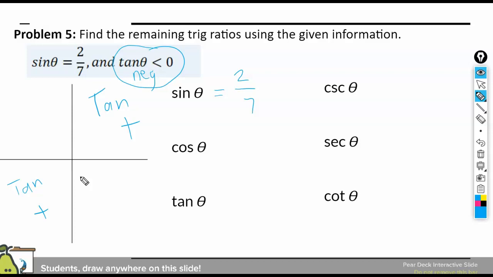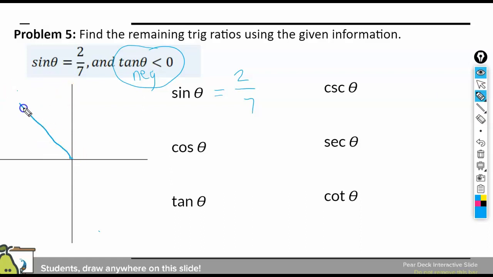Sine is always positive in the first and second quadrants, and sine is negative in the third and fourth quadrants. So this tells me that the sine is positive and the tangent is negative. So that means it has to be quadrant 2.